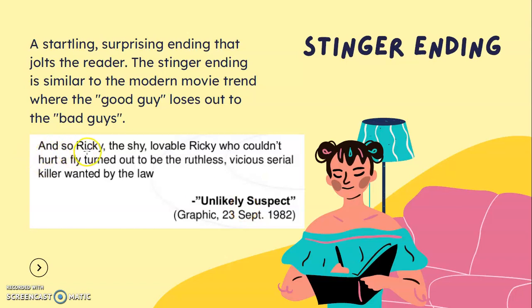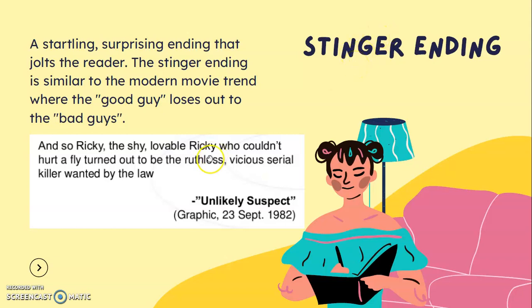And so Ricky, the shy, lovable Ricky who couldn't hurt a fly, turned out to be the ruthless, vicious serial killer wanted by the law. So parang opposite siya, okay? Murag unexpected turn of events, jud. Stinger. Di ba pag kanang kanang say, magkuan na lang tag kanang murag ma-relate na to aning stinger, no?